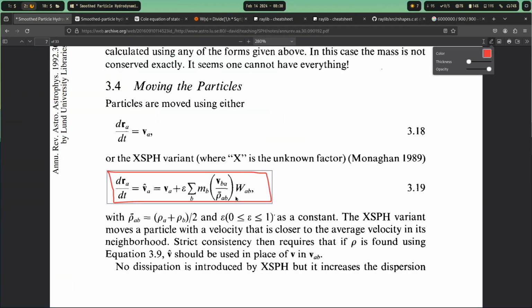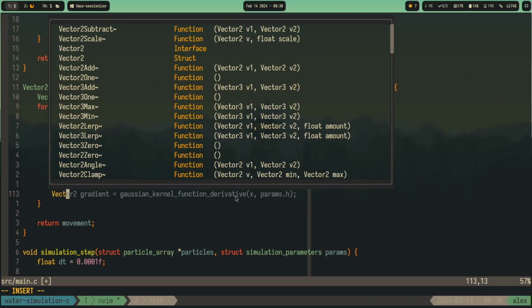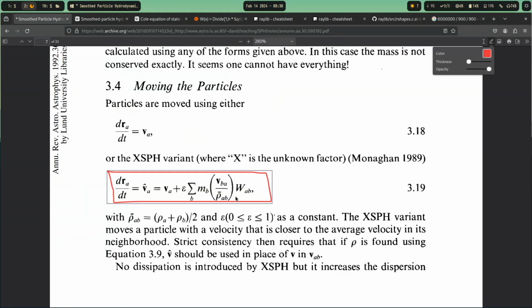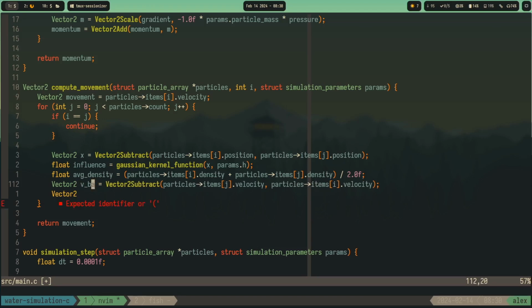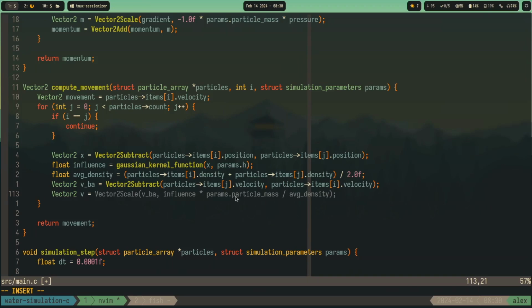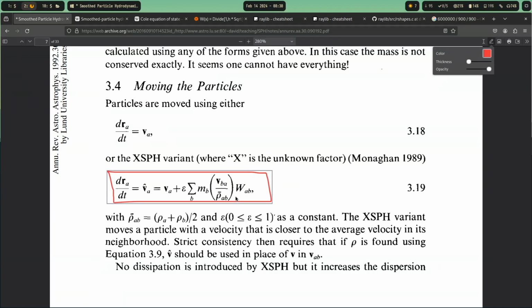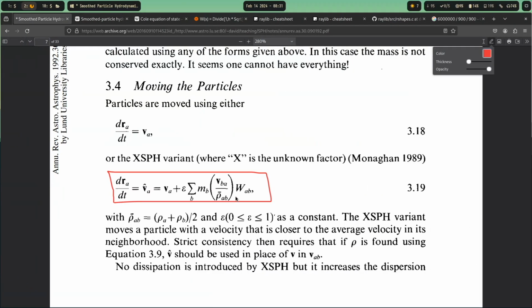So let's get the fraction then. So vector 2 should be like, let's call this thing VBA. Then V should be VBA multiplied with influence with mass and divided by density. Yeah, like that.